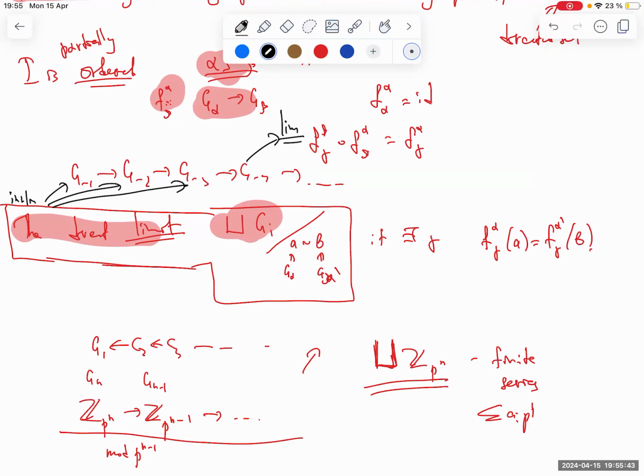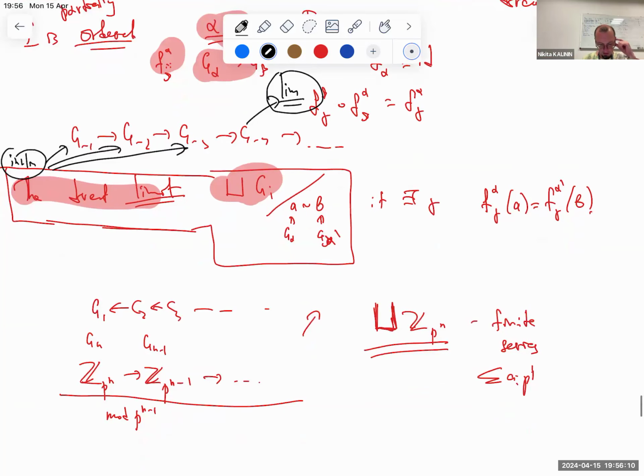I think that's how you define it. So it's some kind of universal object. You have the direct system, and then you take objects with maps from all these groups, all commuting, and then you take the universal object in these diagrams and call it the direct limit. But if you take objects with maps to all these groups, then the universal object in this category is called the inverse limit.